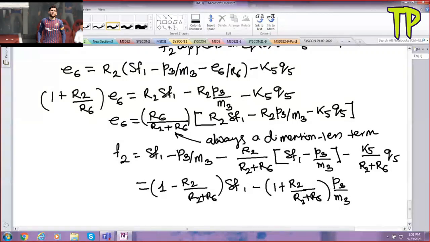This is correct. Minus K5 Q5, that is the force divided by R2 plus R6. So force by resistance is velocity, meters per second. Sir, it will be 1 minus R2 by R2 plus R6. Which one? P3 by M3, the second term. This is minus. Oh, minus I have taken common. Okay, fine. This is minus.